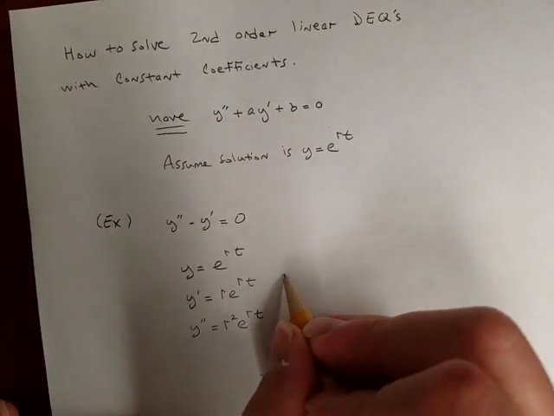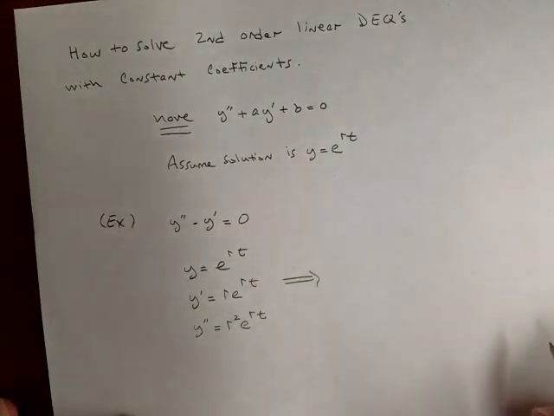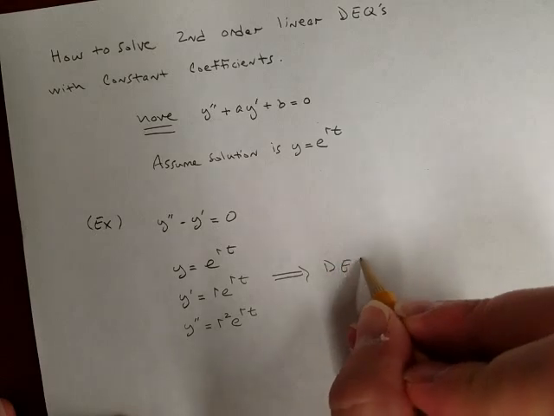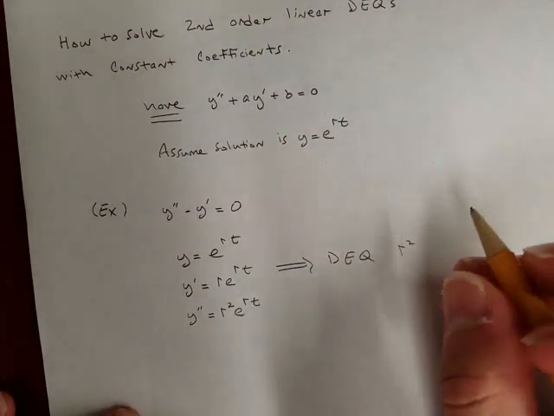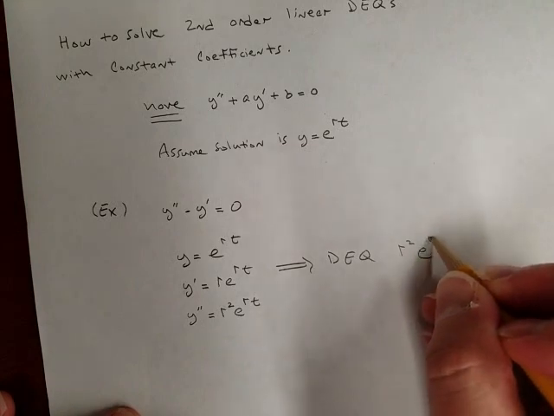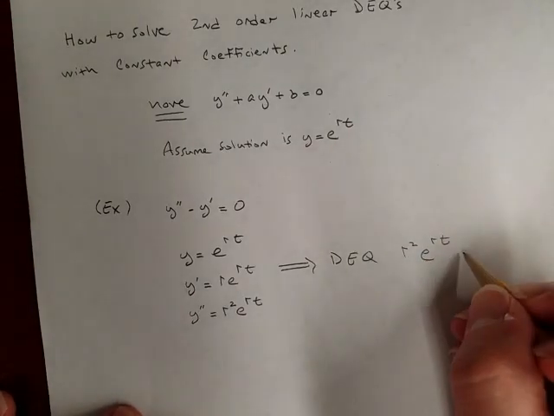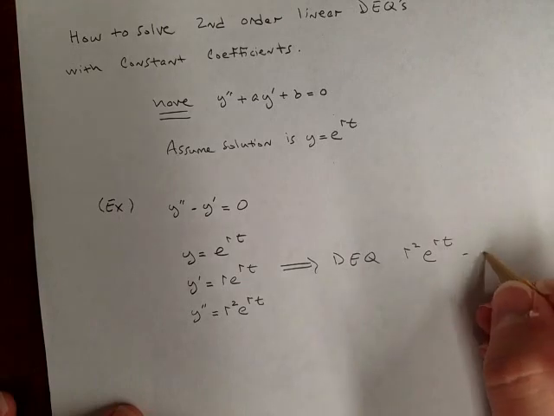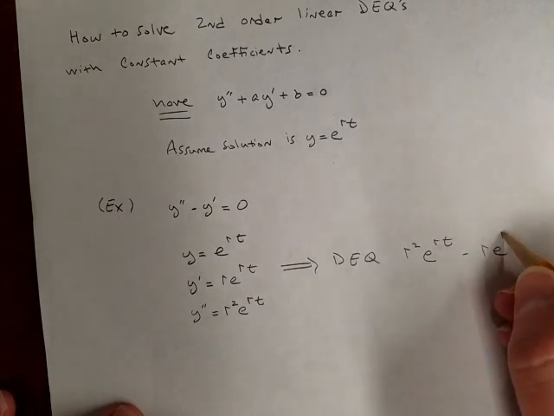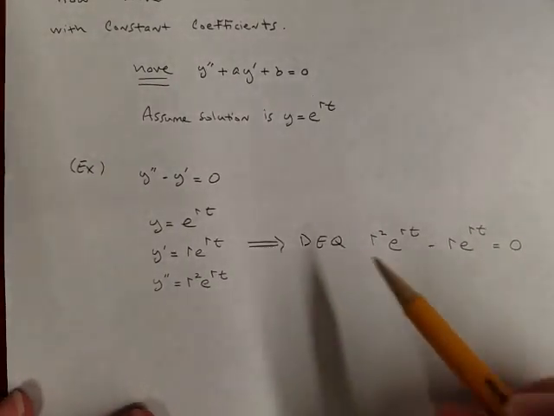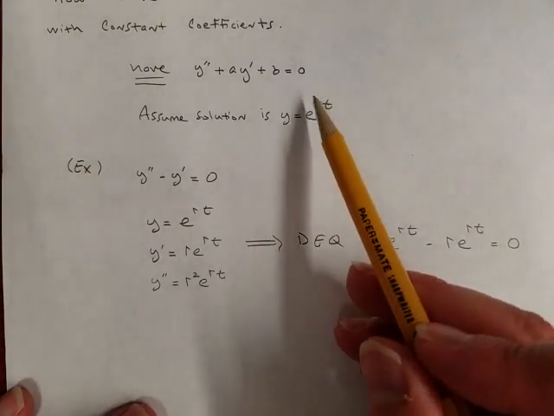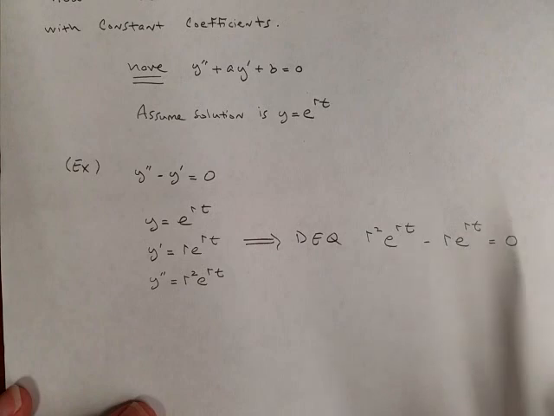And if that's the case, then our differential equation here would take the form r squared e to the rt minus r e to the rt, and that would be 0. And there's some value of this constant up there, r, that apparently is going to make this happen.